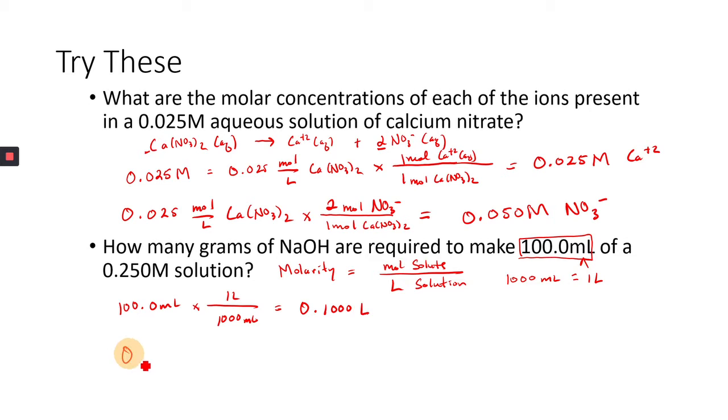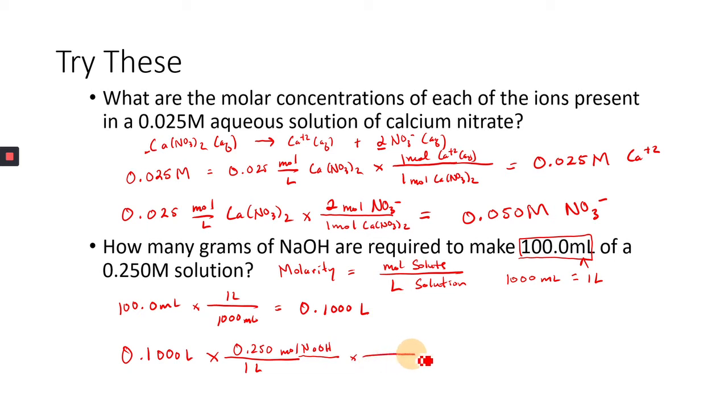So our given is 0.1000 liters. Now remember, I'm looking for grams of sodium hydroxide. So first I have to use the molarity to get the moles. So my molarity is 0.250 moles per 1 liter. So you see my liters cancel out and I end up with moles of sodium hydroxide.